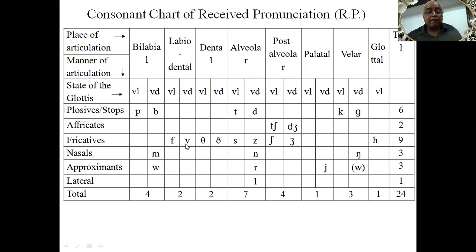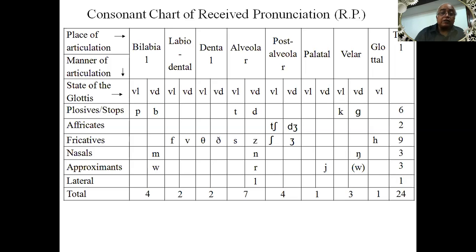V, f, and v. The manner of articulation is fricative. And what would you say about the fricatives? There is a stricture of close approximation, or there is a narrowing where the air passes through. There is a lot of friction.